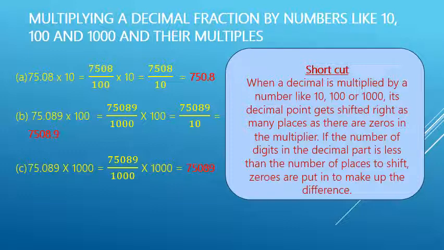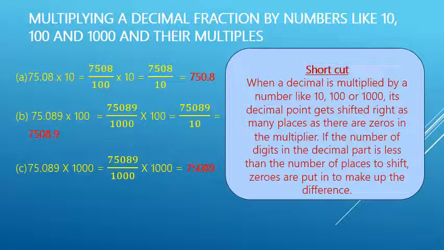If we see the first example, we are multiplying the decimal fraction 75.08 by 10 and there is one 0 in 10. So the decimal point will shift one place to the right hand side and therefore our answer is 750.8. Even without solving we can get the answer by the shortcut method.